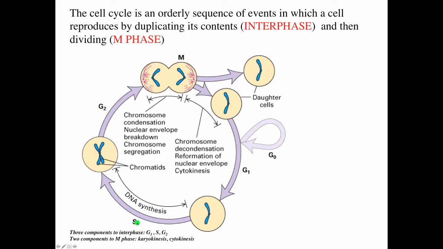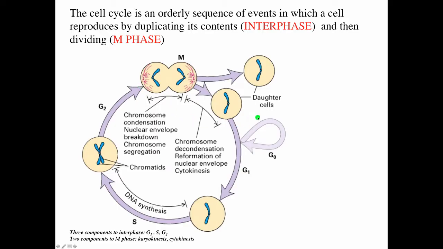Now let me just quickly review these. S is the synthesis phase. G1 stands for a gap phase before DNA begins to synthesize itself. So it's a gap from the end of cell division to the start of DNA synthesis. G2 is a gap from the end of DNA synthesis to the start of cell division.